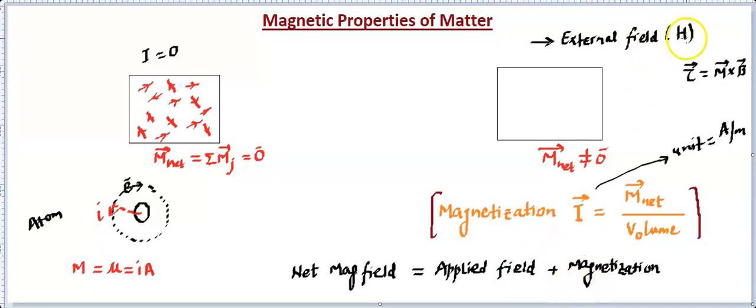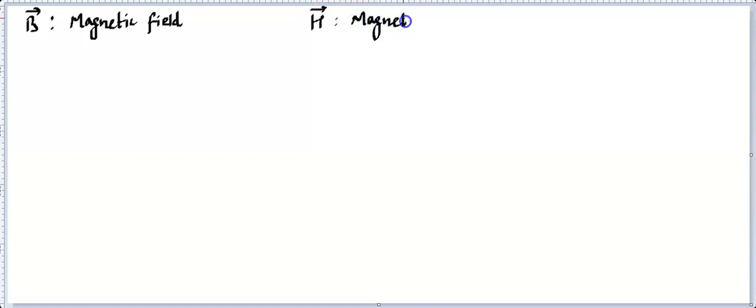So we can add them properly and do further calculations easily. Let's see what this H is going to indicate. We will write this as B, and that is called the magnetic field or magnetic induction. We defined H as well. So the H vector is read as the magnetic field intensity. That is also a magnetic field.